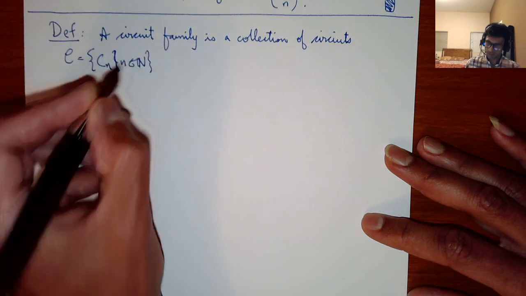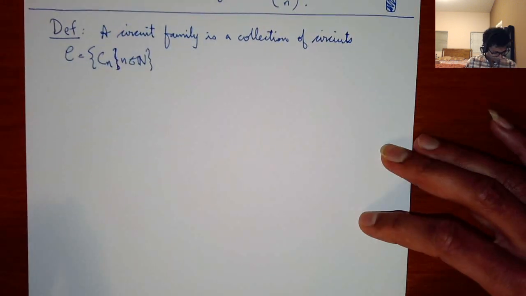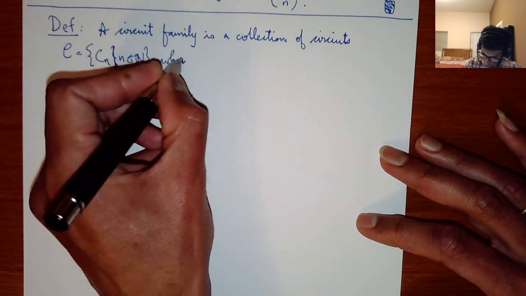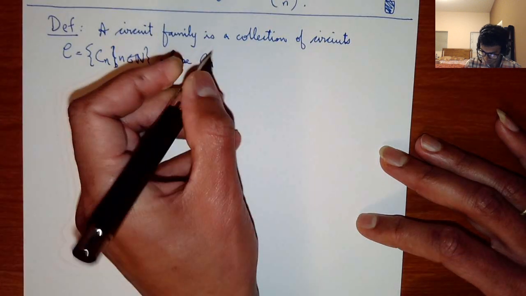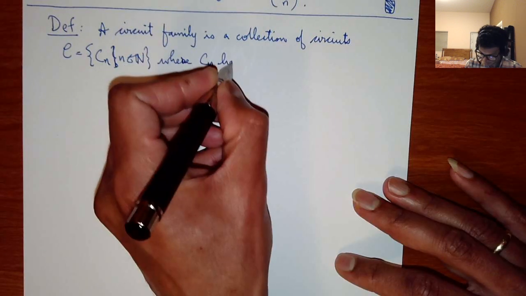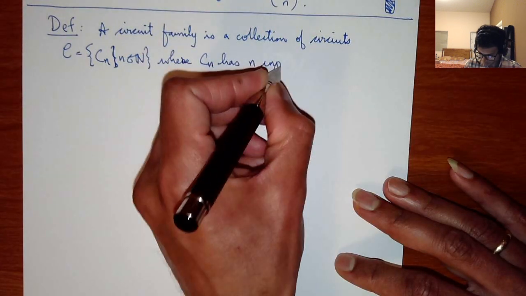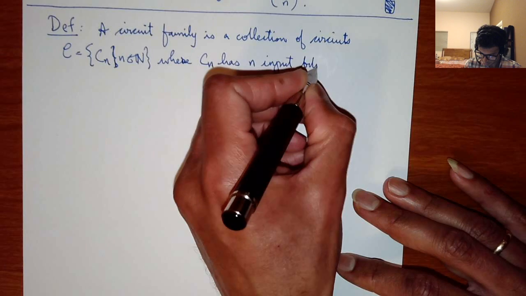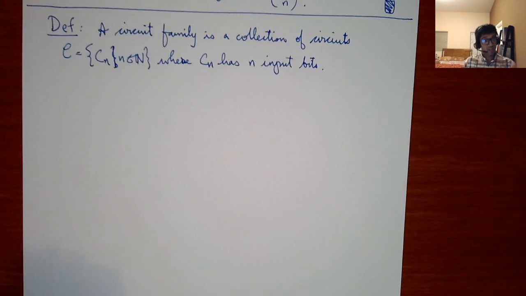It's a collection where C_n has n input bits. So now this can decide a language.